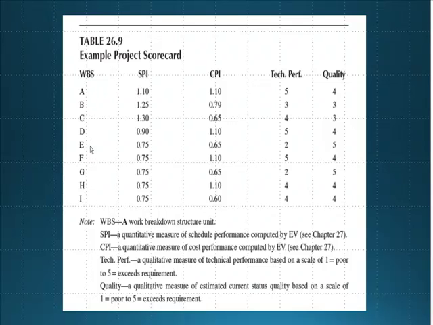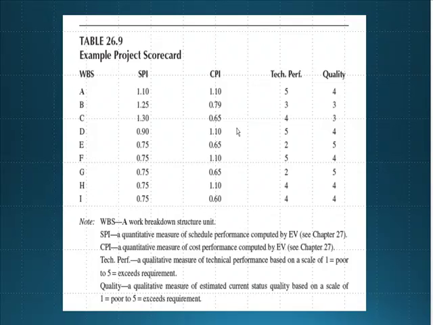We have 9 different WBS components in this project, and for each component we have SPI, schedule performance index, CPI, cost performance index, technical performance, and quality. For each of those WBS components we have a rating for each category, and then we evaluate those.